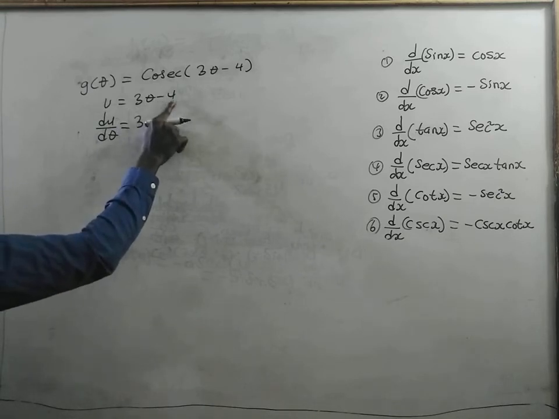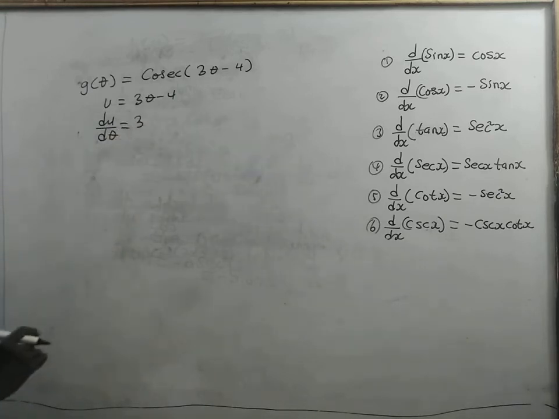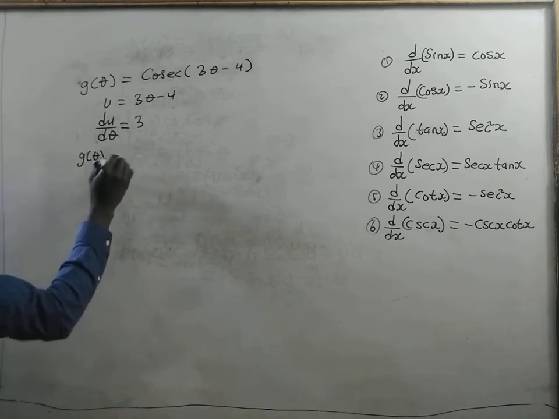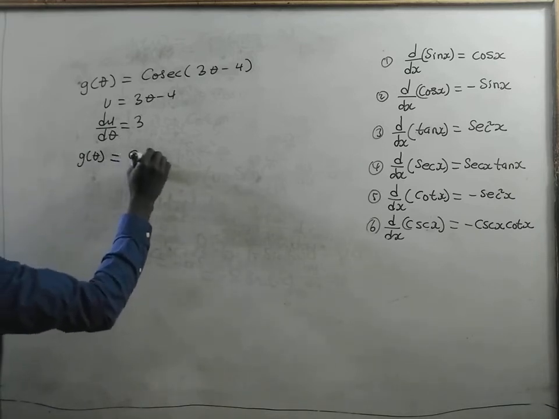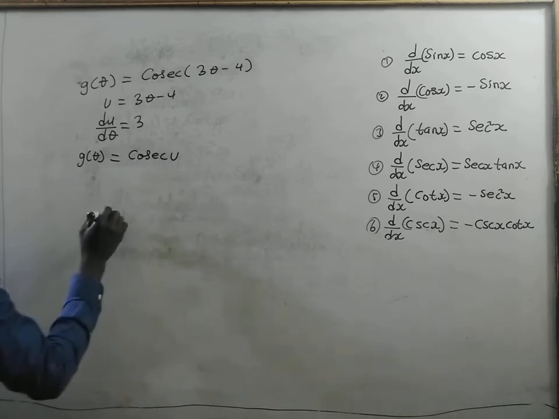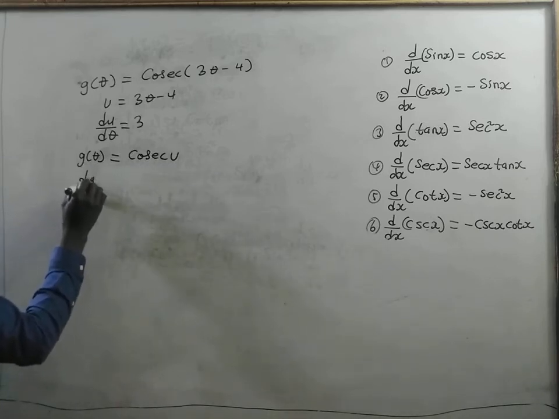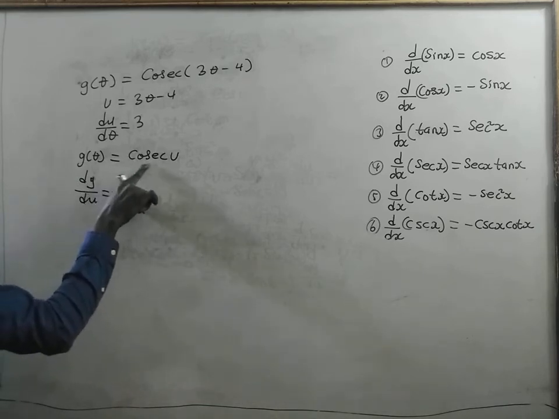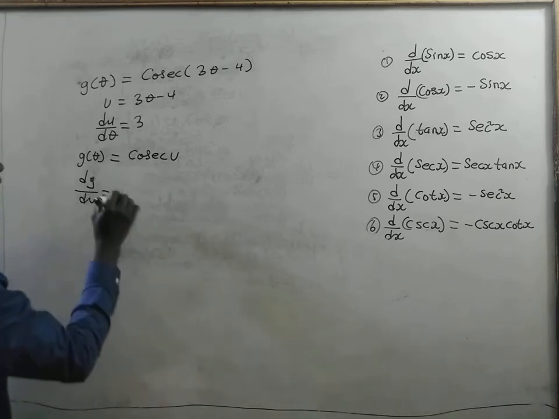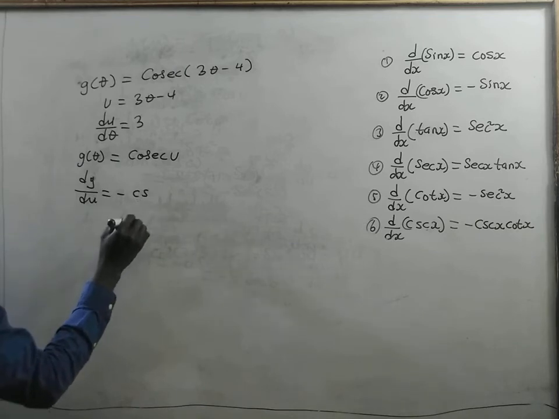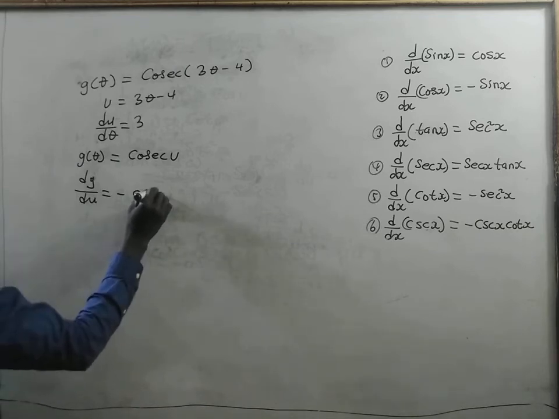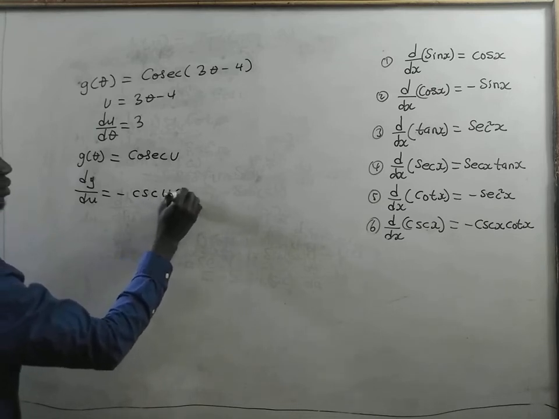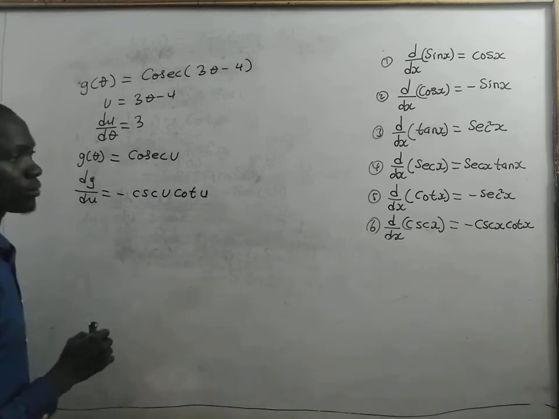Negative 4 is a constant, so if you differentiate with respect to theta, you get 0. So this implies that h of theta is equal to cosecant u. Now, the derivative of h with respect to u is equal to, if you differentiate cosecant u, you get negative cosecant of u times cotangent of u.